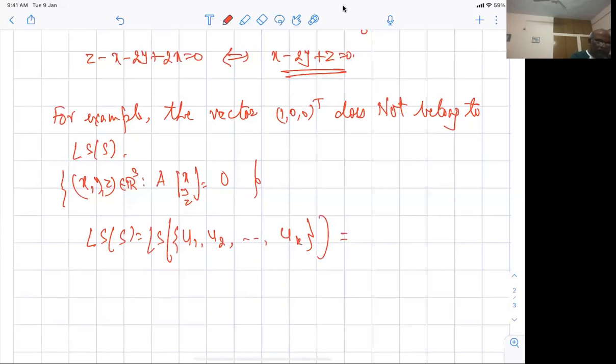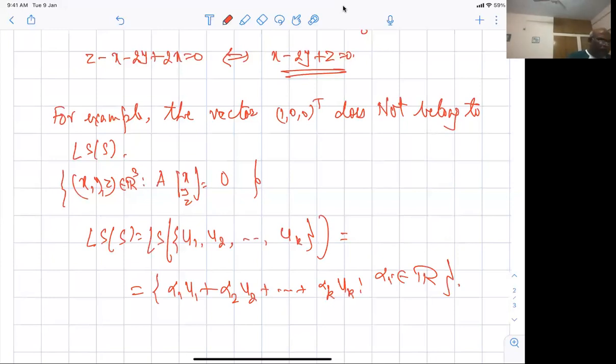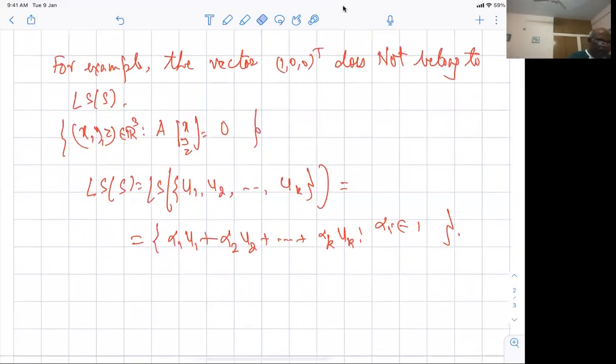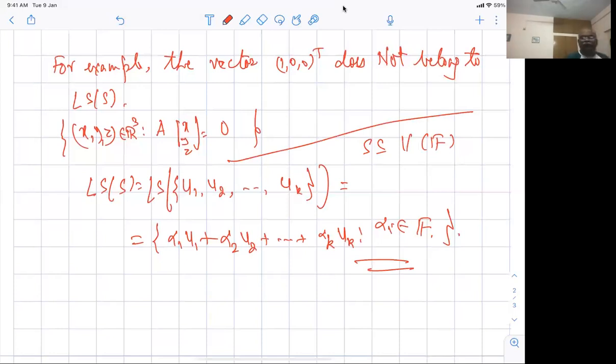This is nothing but equal to alpha 1 U1 plus alpha 2 U2 plus ... plus alpha k UK, with alpha i belonging to R. Everything here is for R, but in general it should be F, because we are looking at complex also. This is what the linear span is in general, where S is a subset of a vector space V over F. So this is important.